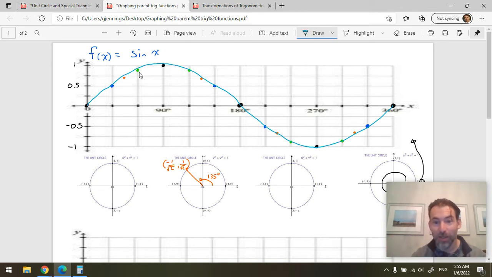Parent function. We can connect these to the unit circle here as well. And this is also going to help us quickly do our cosine curve. So this one here, this is 180 plus 60, that's 240. So 240 is down here.